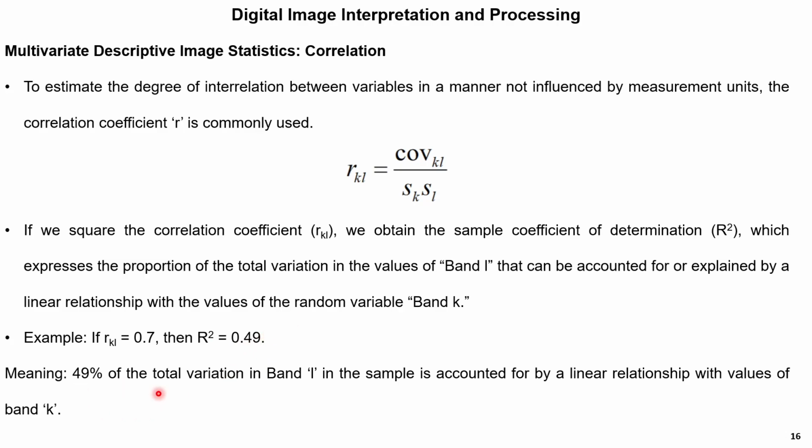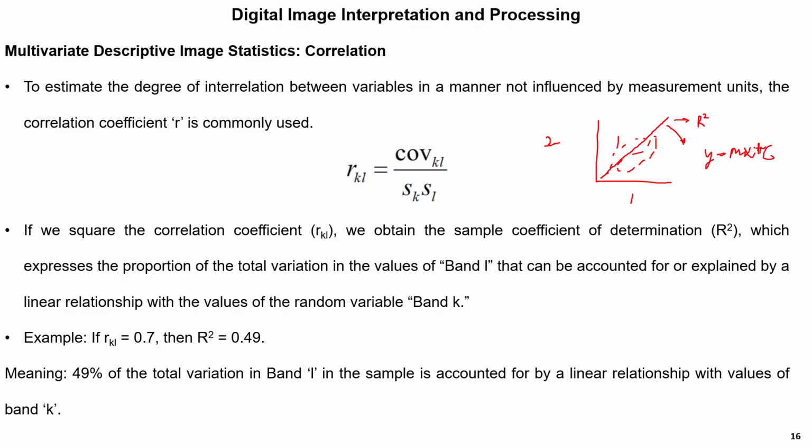So, what is the meaning of this? It means that 49% of total variation in band L in the sample is accounted for by a linear relationship with the values of band K. Which means if you plot band 1 against band 2, plot all the DN values, make a linear regression and calculate your R square, this linear equation will be y equals mx plus c.